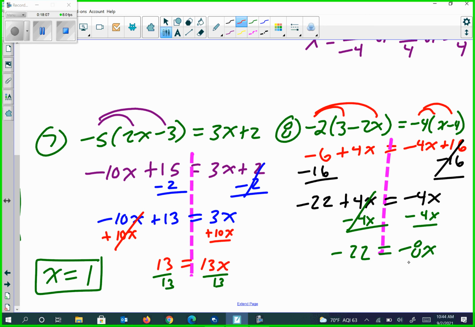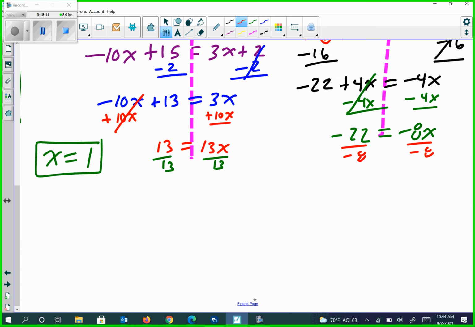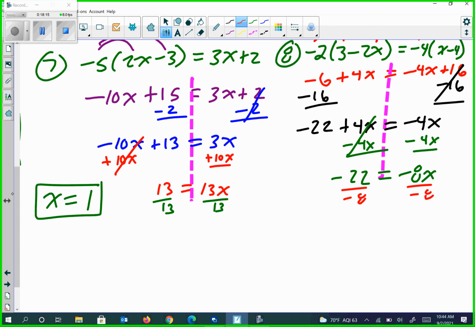Divide both sides by negative 8. Negative over negative this week is positive, I believe. Agree? So I get 22 over 8. And then I need to see if I can reduce this. I think 2 goes into both.